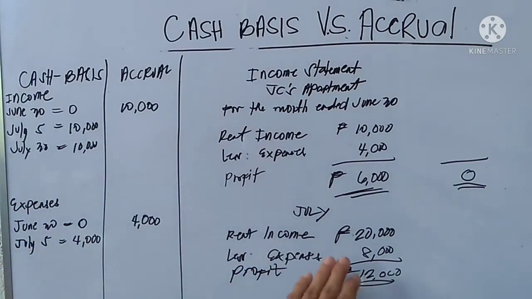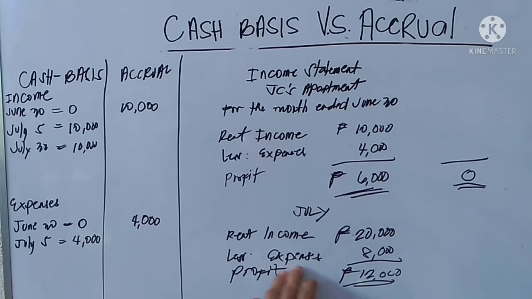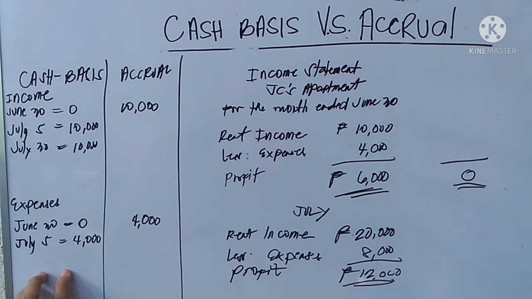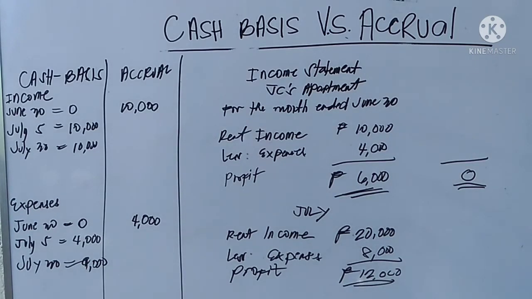So, ang mangyayari in your July income statement, magdodoble yung rent income na nire-recognize mo under the cash basis. So, doble, naging 20,000 yung rent income mo, and then, your expenses, let's say for example also na nakapagbayad ka rin sa tamang oras kay caretaker sa buwan ng July. So, nagiging doble rin yung expenses mo sa buwan ng July.